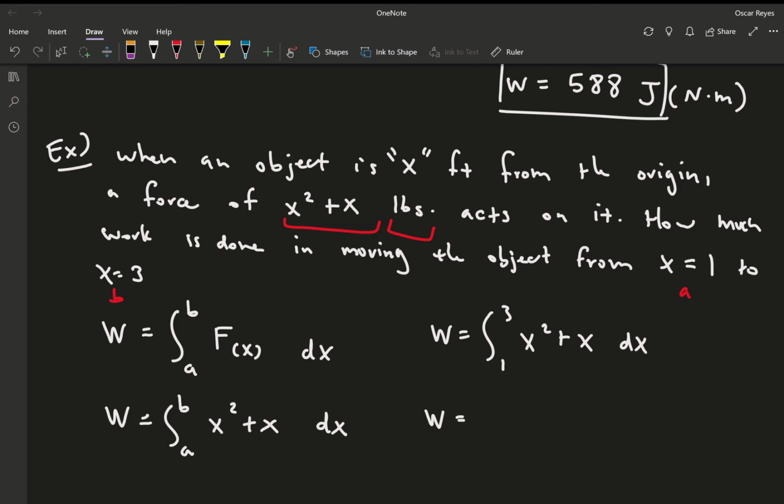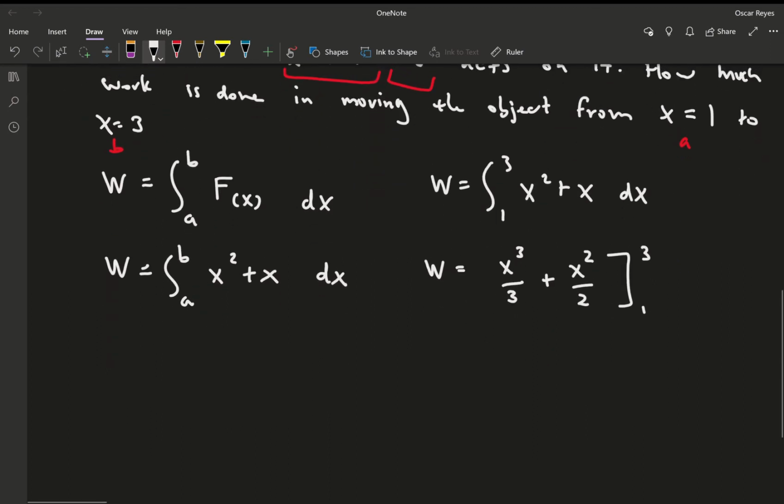So if we take the antiderivative of that, it's going to be x cubed over 3 plus x squared over 2. And we're looking at it through 1 and 3. Now we've got to use f of b minus f of a. And we plug that in.